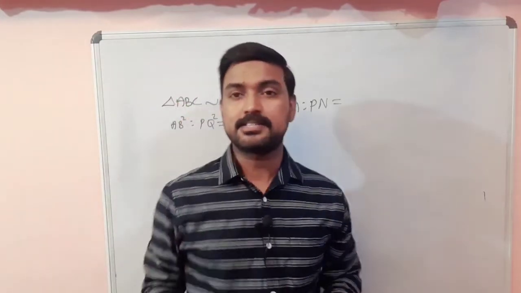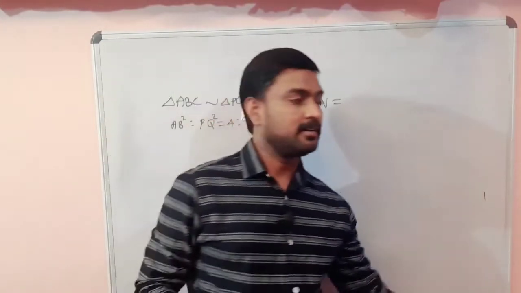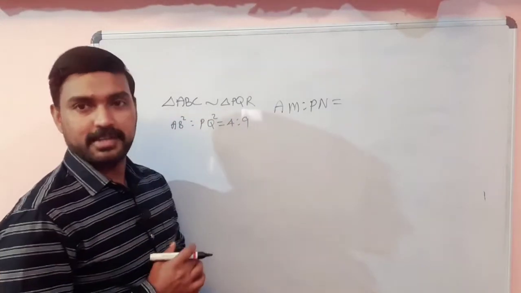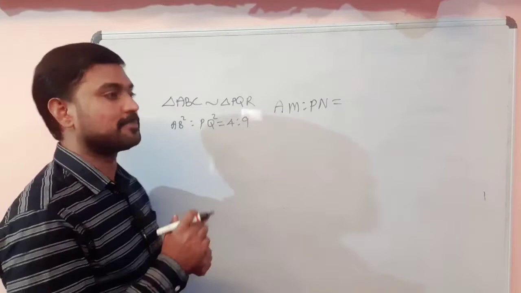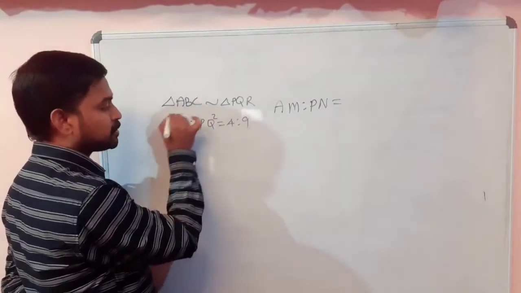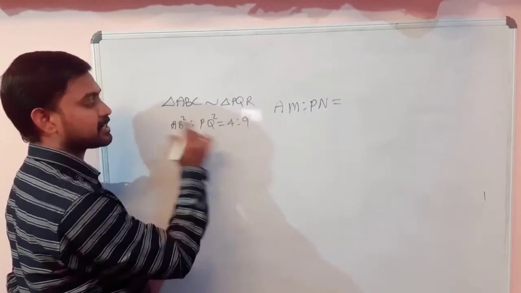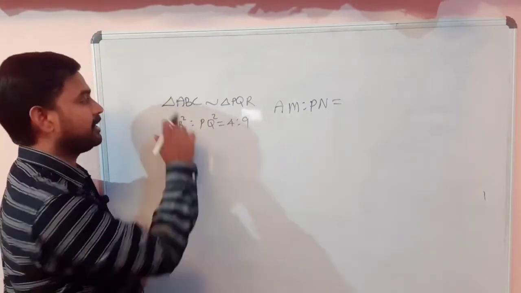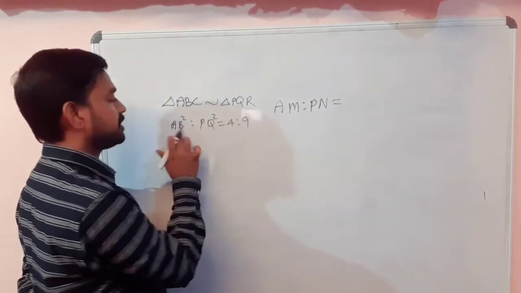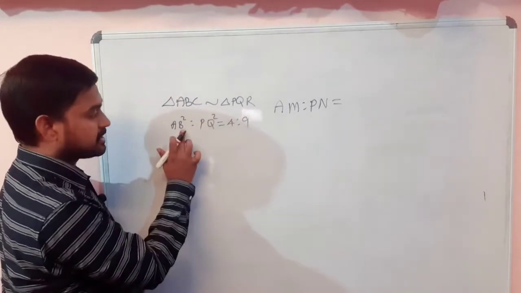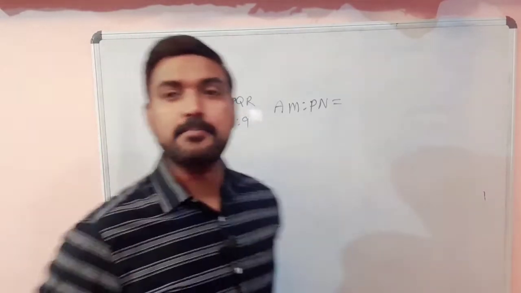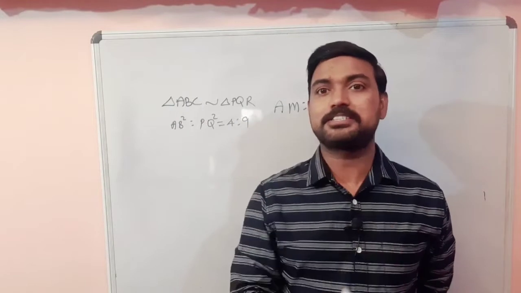So my dear students, first we have to understand, if two triangles are similar, what is the meaning of that? We studied a theorem which is related to the square of the ratio of their corresponding sides. Here AB is the side of the first triangle and PQ is the side of the second triangle. It is given the ratio of their squares. So there is a theorem in the chapter triangles. We need to recall it at first.